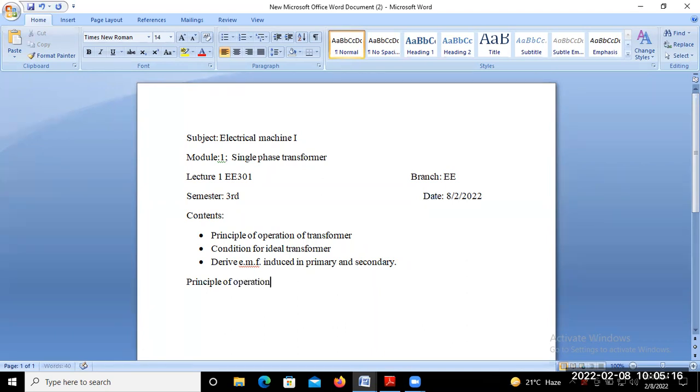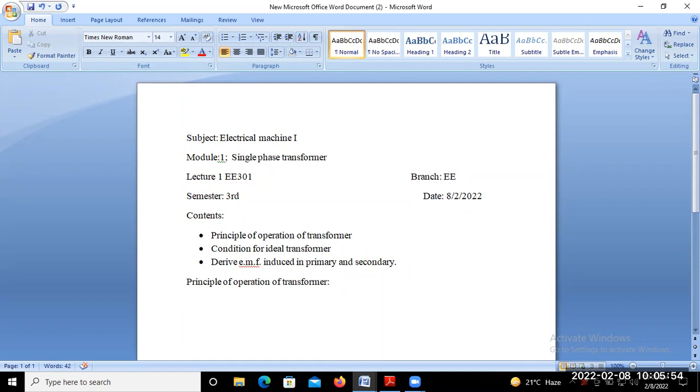Operation of transformer. So the transformer works on the principle of electromagnetic induction between two coils or two circuits.